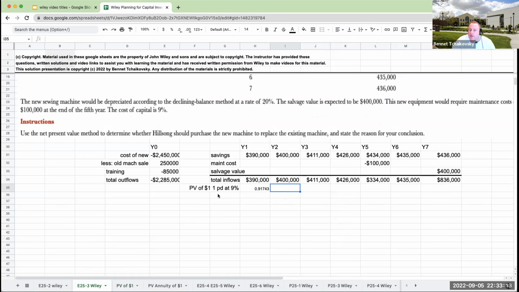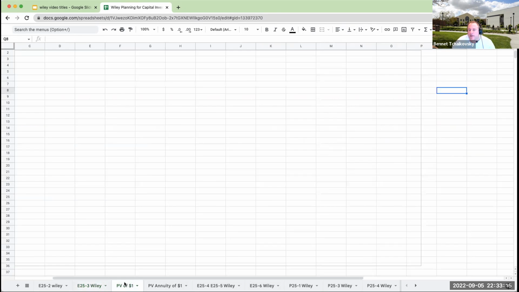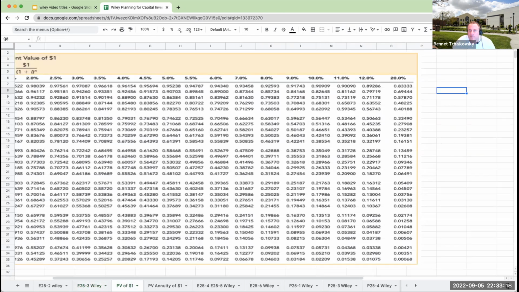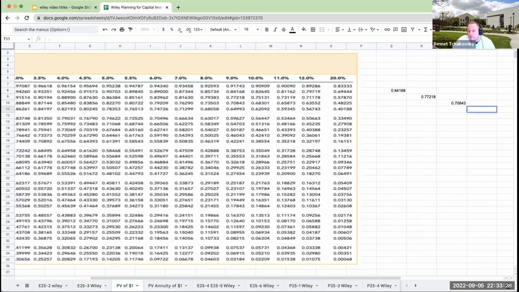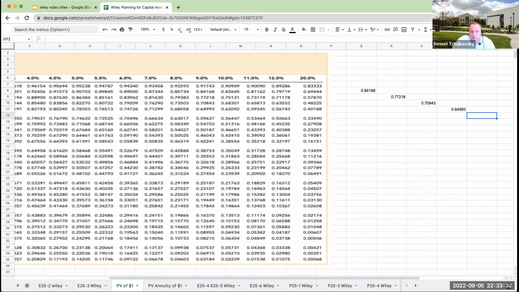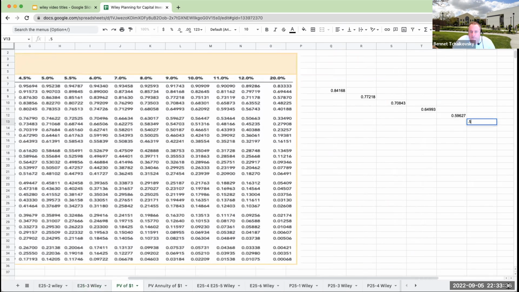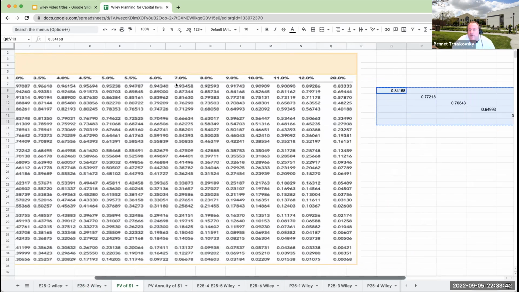And let's just go ahead and do our little table over here: 0.84168, 0.77218, 0.70843, 0.64993, 0.59627, and then 0.54703.